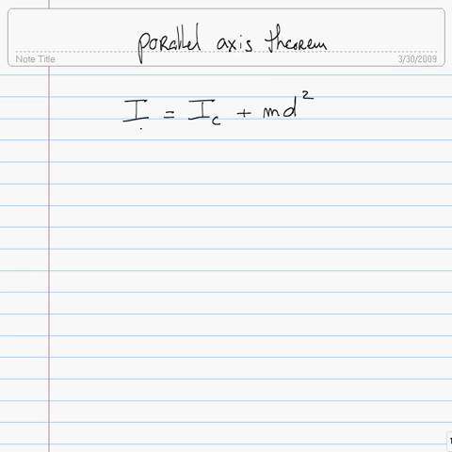What is I? I refers to the moment of inertia about any point. I_C, by convention, refers to the moment of inertia about the centroid or the center of mass of the object.